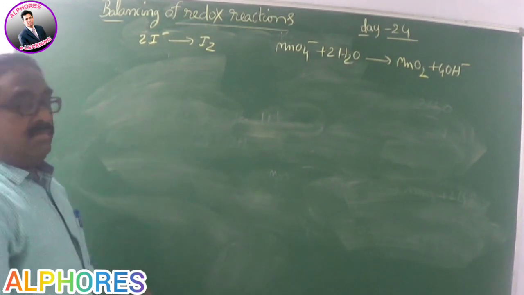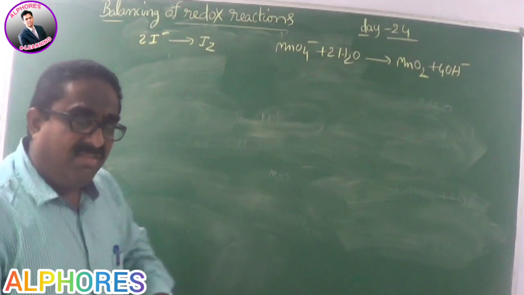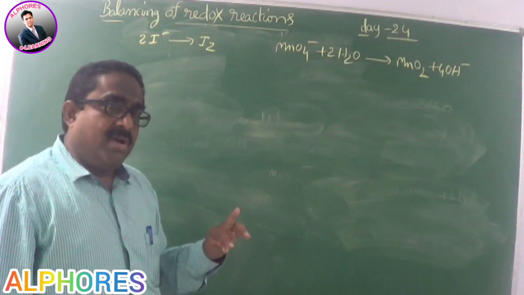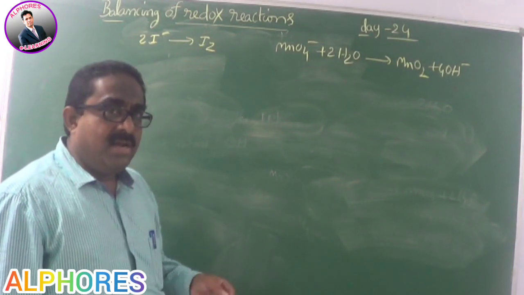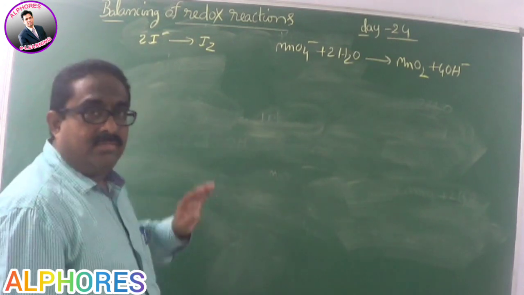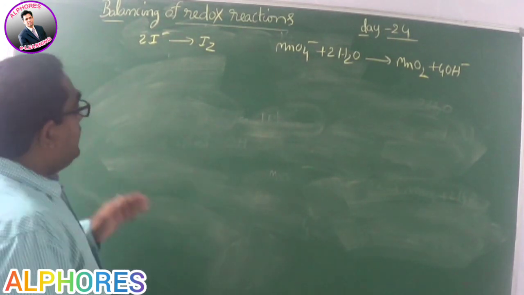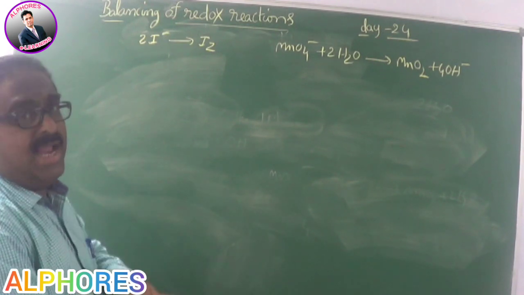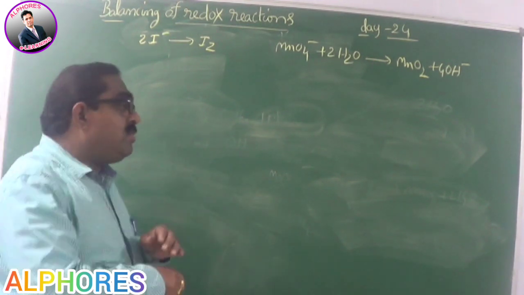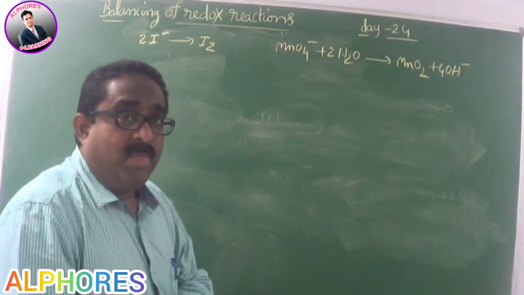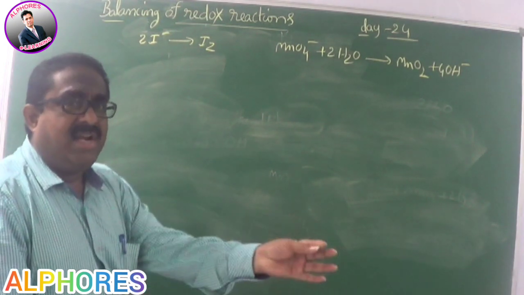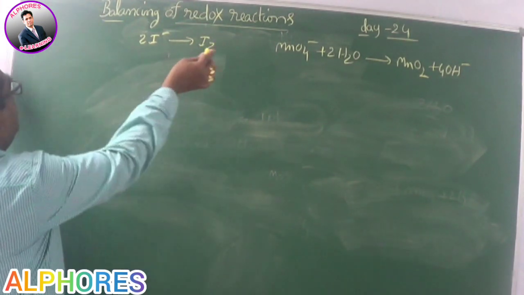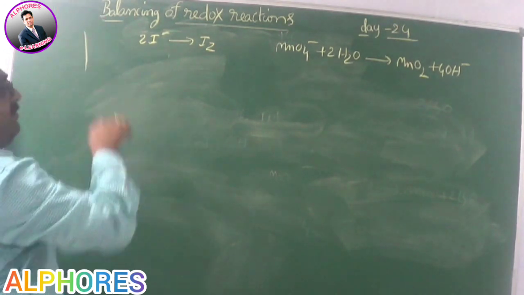Okay. Now we have already balanced the elements, including oxygen and hydrogen. Now our next step is to balance the charges in both the reactions. How are we going to balance the charges? By the addition of electrons on the requisite side. Let me do that. Take this equation.